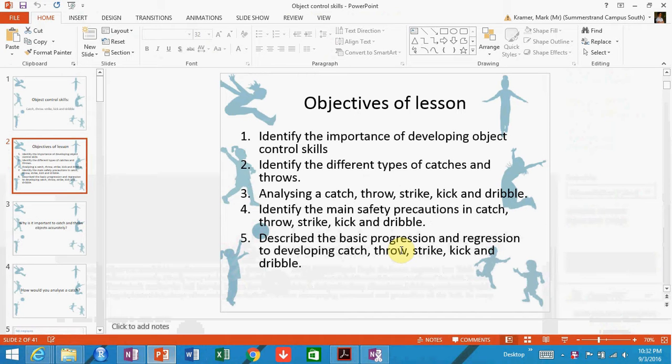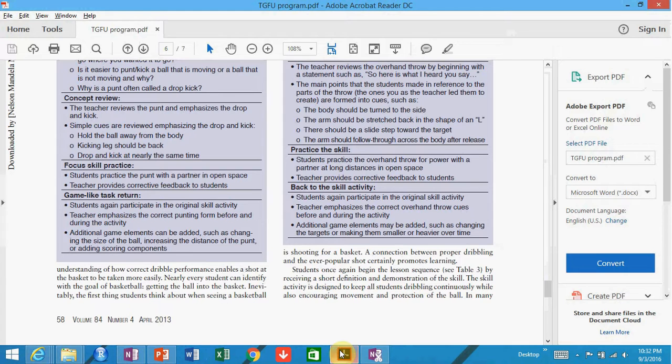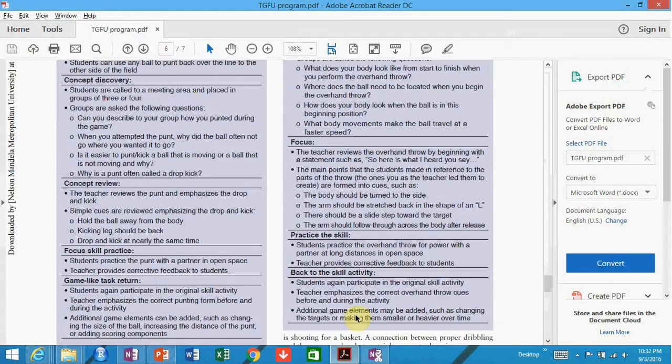So I think one of the important messages that might not have come through yet in our actual class setting is the importance of knowing what is good movement and what is not good movement, and how to cue someone to help them develop that skill. We have touched on it slightly in our teaching games for understanding.